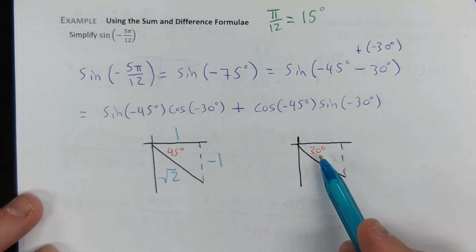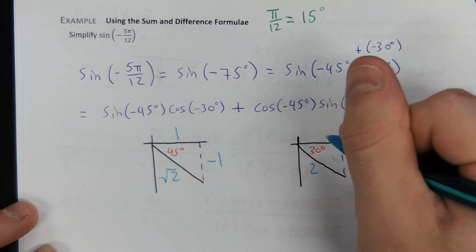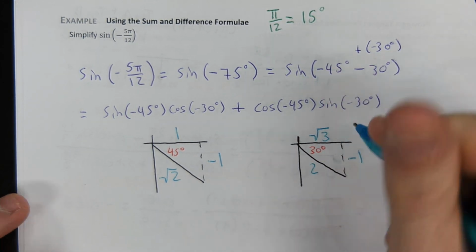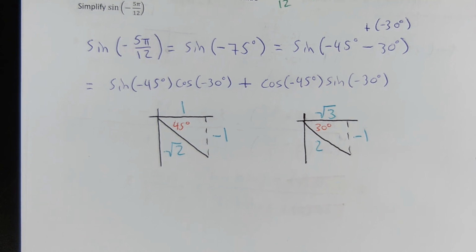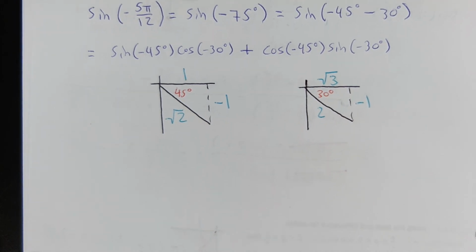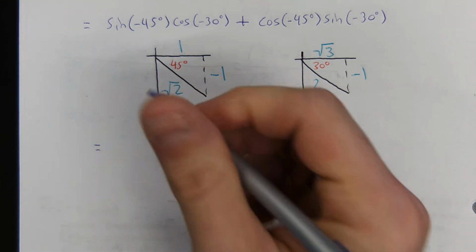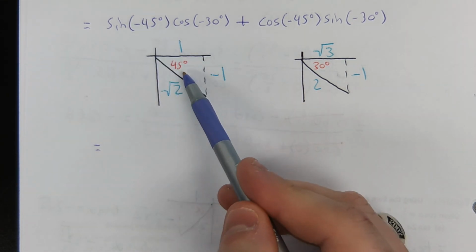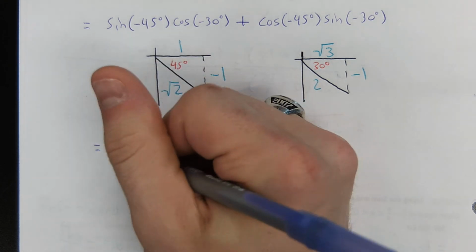And across from the 30 is also a 1, but it needs to be a negative 1 because of where we are. Our triangles are filled out. We are ready to go. Sine at this angle is going to be y over r, so negative 1 over root 2.